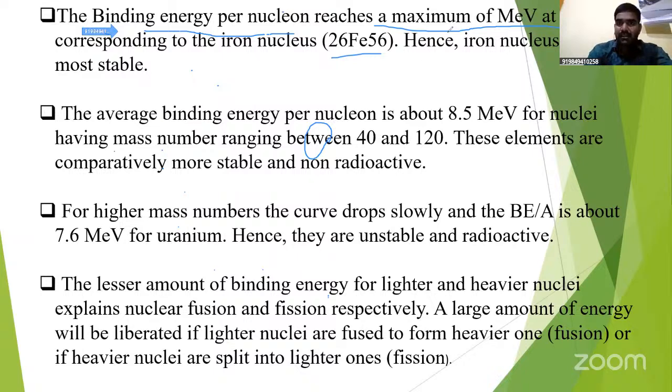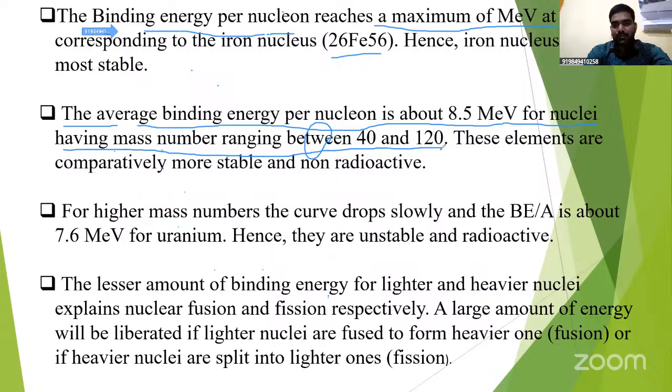After this iron element, there will be a gradual fall in the binding energy. The average binding energy per nucleon is about 8.5 mega electron volt per nucleon, for nuclei having mass number ranging between 40 and 120.